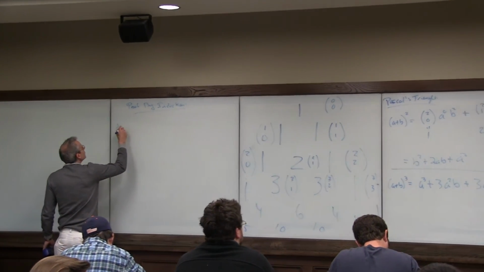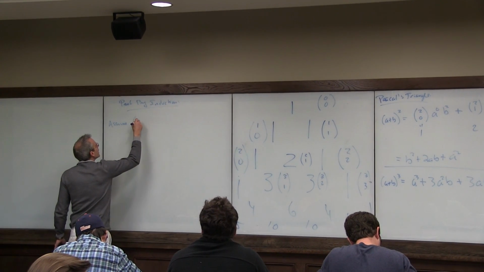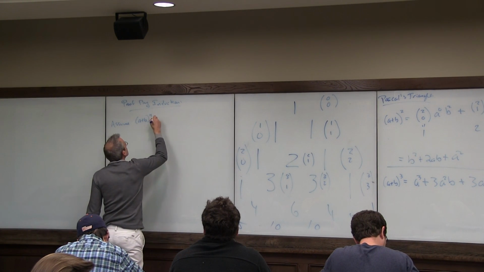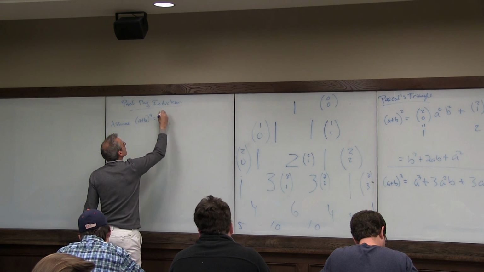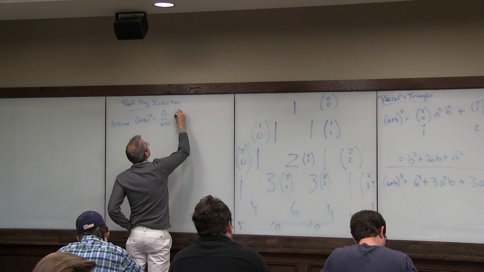So we're going to assume that (a plus b) to the n equals the sum from k equals 0 to n of n choose k.